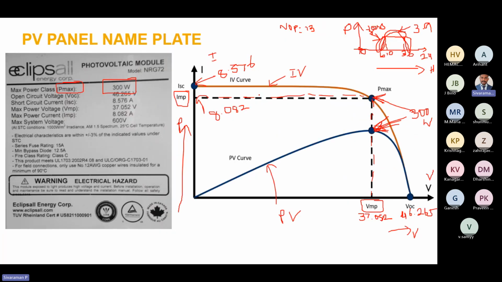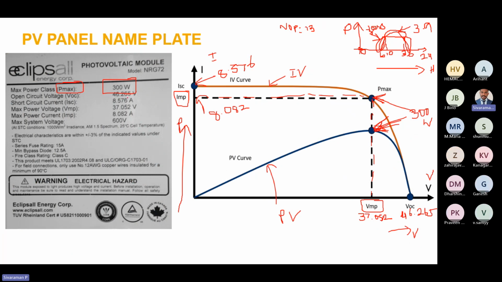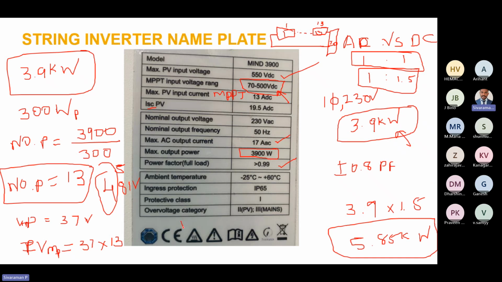Second step: the open circuit voltage is 46 volt here. So VOC equals 46 volt. 46 volt multiplied by 13 panels, we get 598 volt.